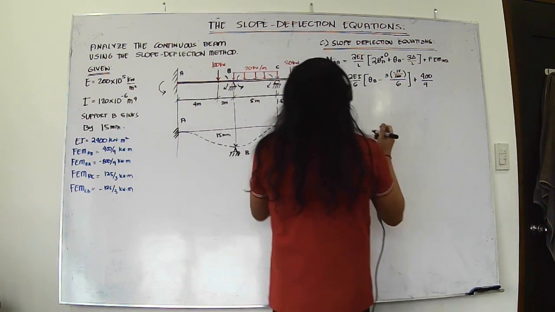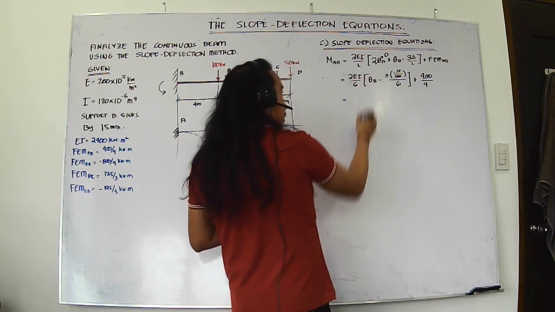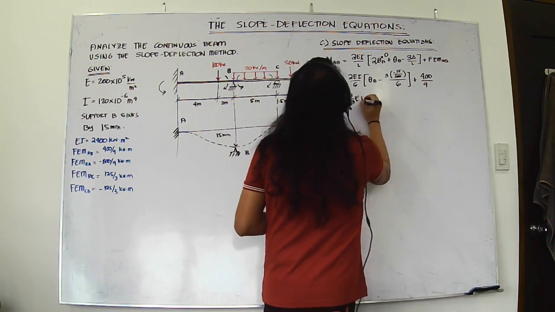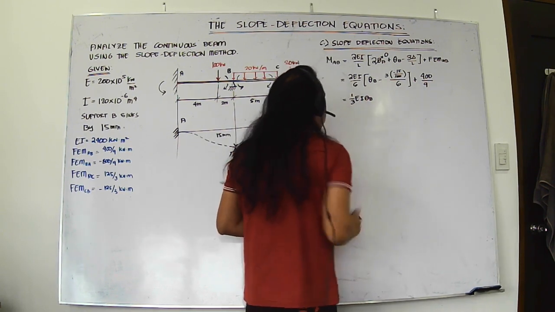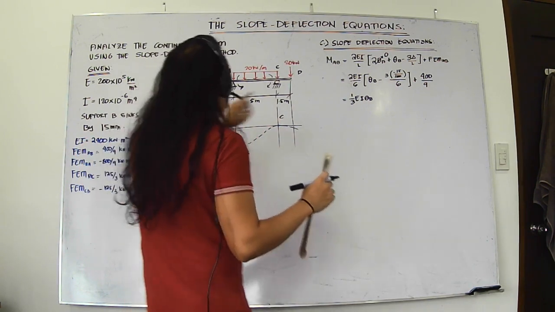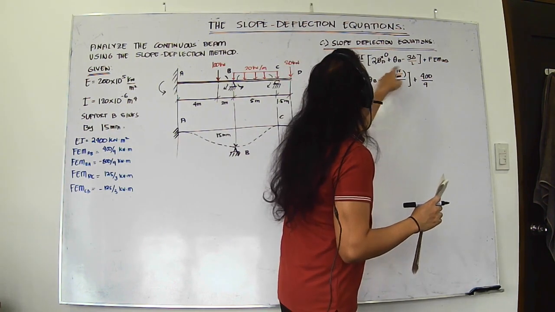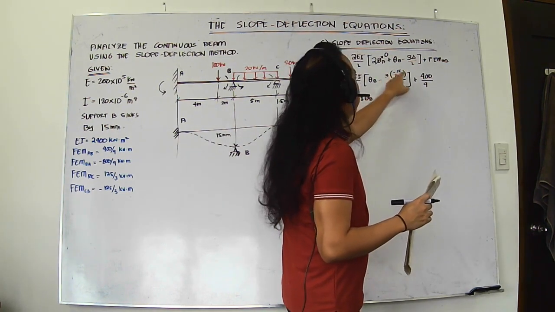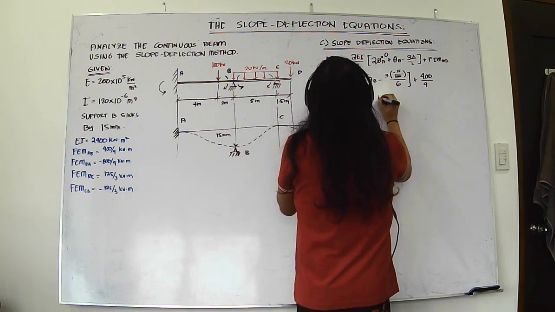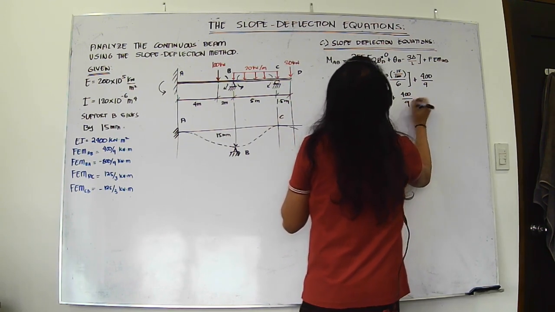Take a look, okay? 2EI over 6 times theta B is just 1/3 EI theta B. Good. 2 times EI, which is 2,400, divided by 6, multiplied by this item, times 3, plus 400 over 9.